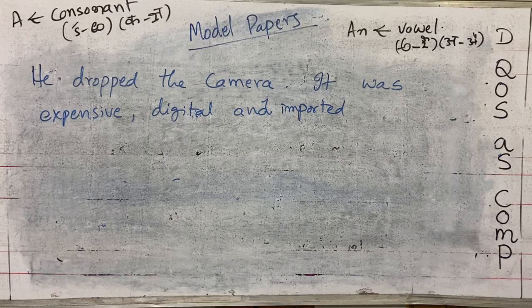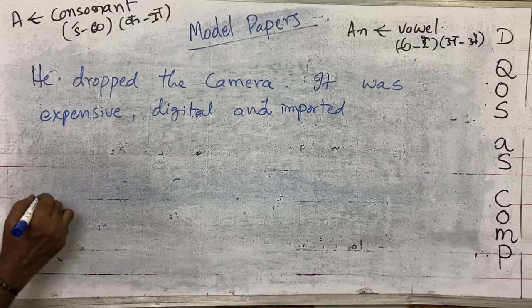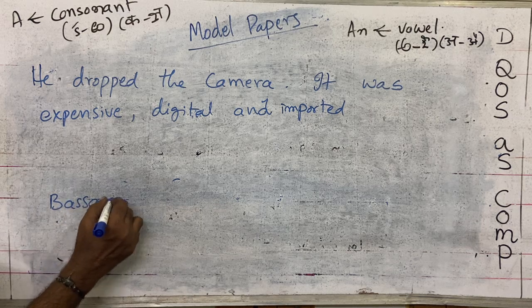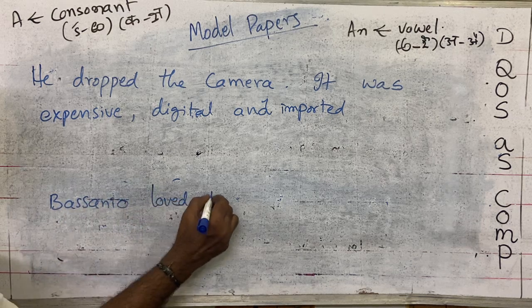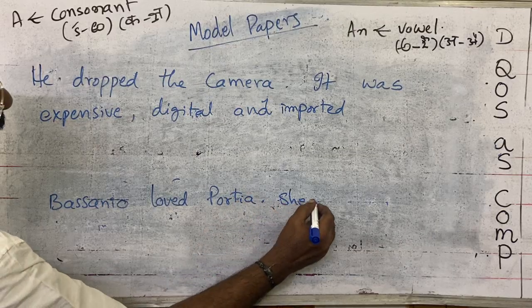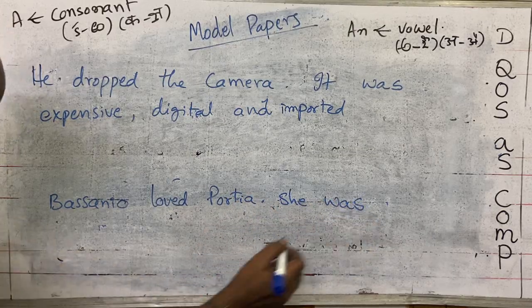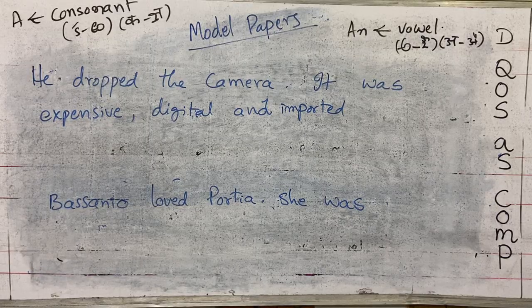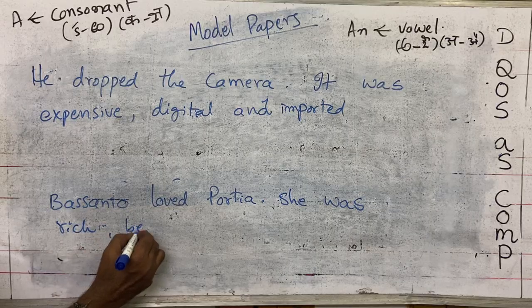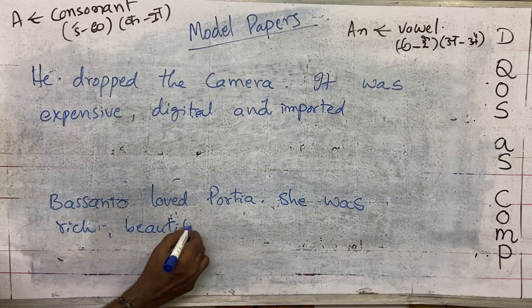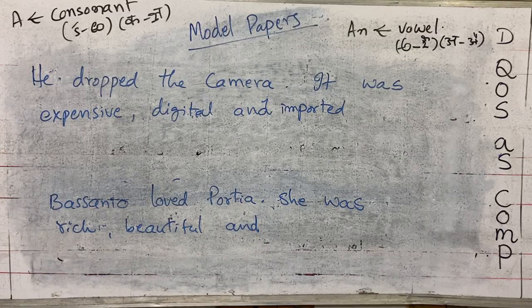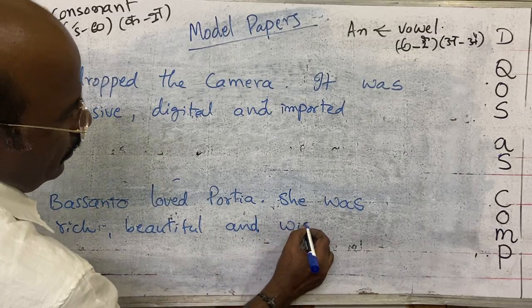Bassanio loved Portia. She was rich, beautiful, and wise.